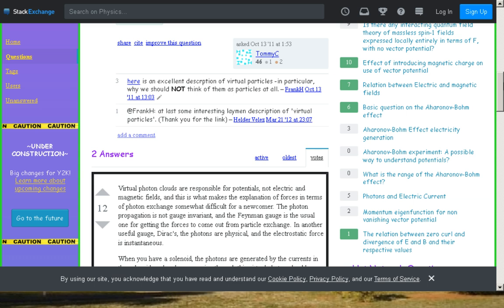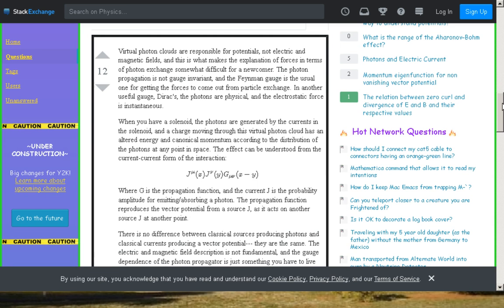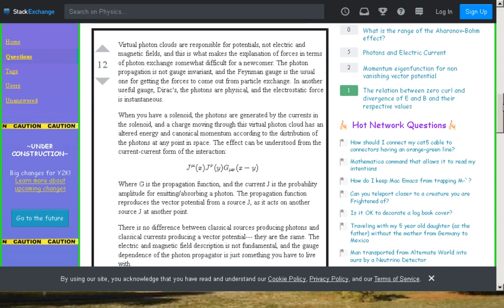We should not think of photons as particles at all. A gauge invariant. Dirac's view: the photons are physical and the electrostatic force is instantaneous.